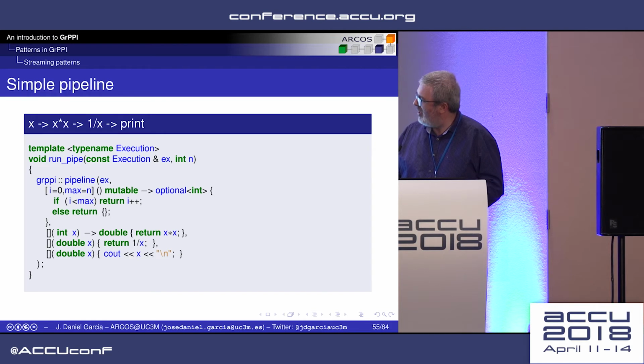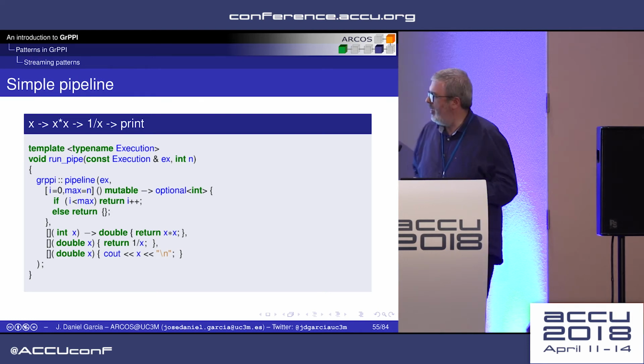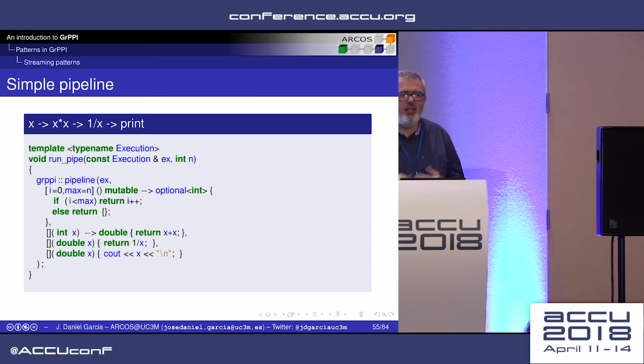If this function returns a double, this one takes a double. So we do this kind of type checking internally. And the other thing we decided is that after your first stage, you do not see the optional or optional-like anymore, because we think this is the simpler interface for the programmer, and we try to provide an interface that is not meant only for experts.